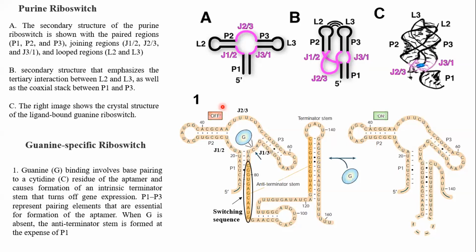So imagine the riboswitch overlaps with the SD sequence, that is, it overlaps with the RBS and covers it. When the RBS gets covered, the ribosome cannot bind.